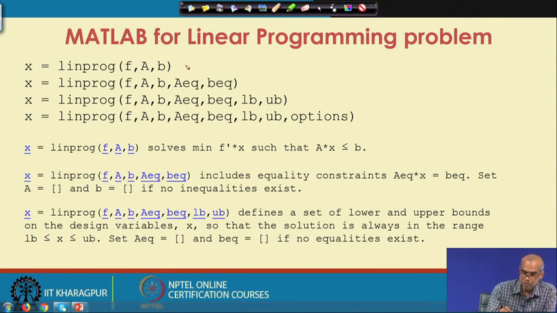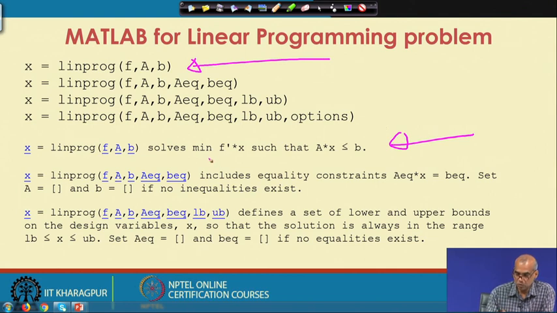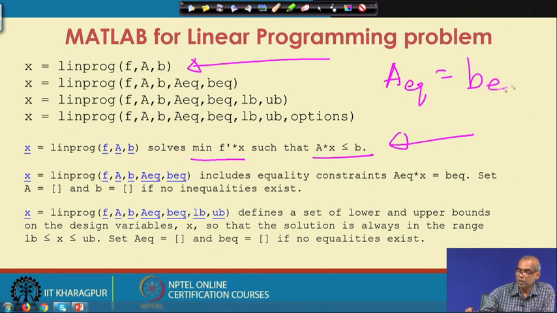This is the minimum syntax, and this solves the problem of minimizing f transpose x such that A x less or equal to B. If you also have constraints like Aeq x equal to beq, then you also use these two as arguments to linprog. So, linprog is the function responsible for solving linear programming problems.